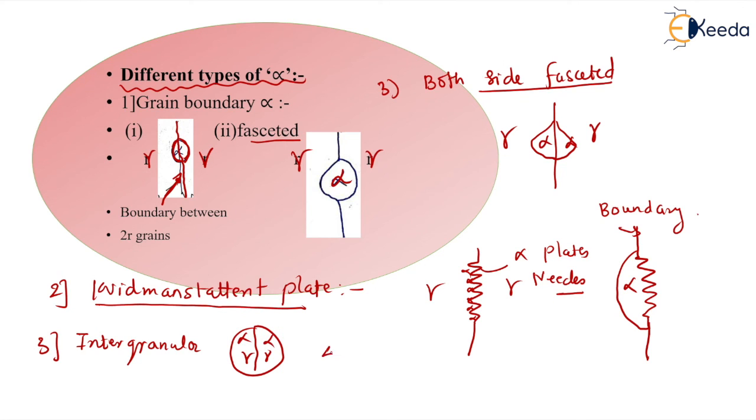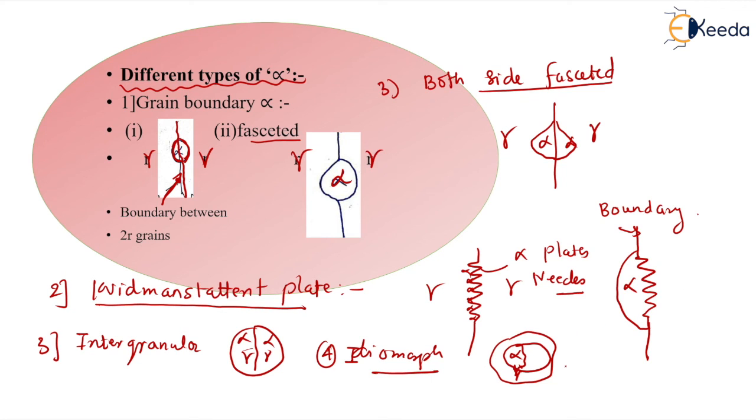And last, dear students, the type of alpha that we are seeing: out of this alpha and cementite, we are seeing this alpha is idiomorph. So say this is the grain of austenite, that is gamma, and within that we are having this alpha.